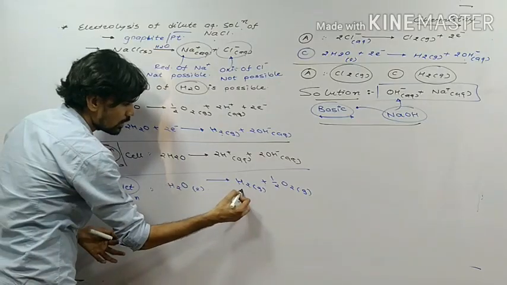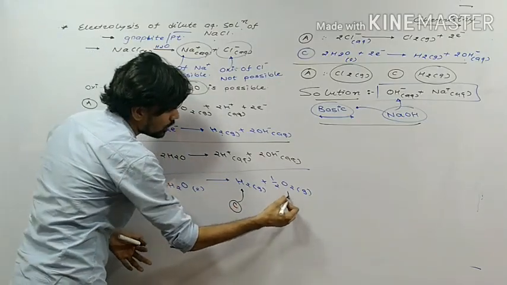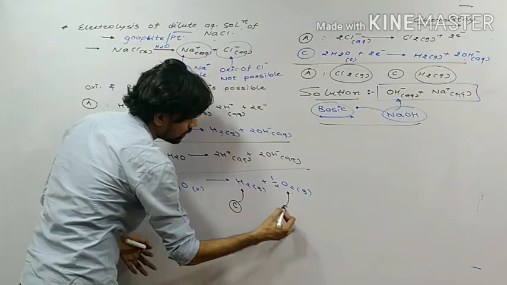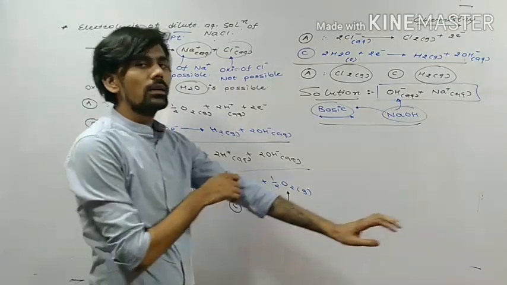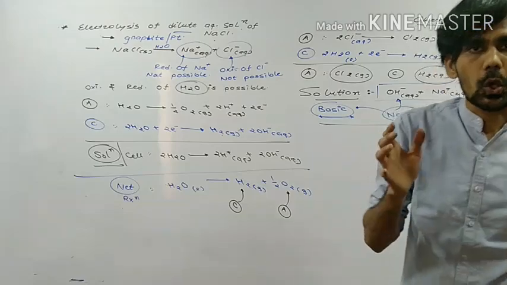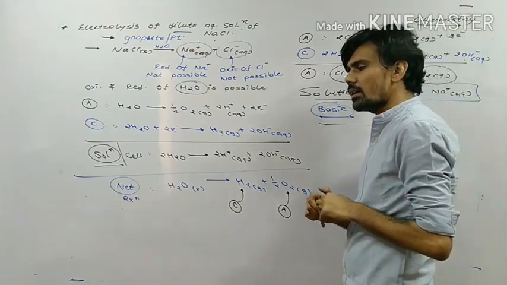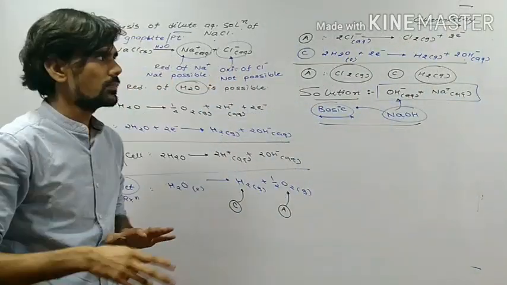H2 gas on cathode, O2 gas on what? Anode. So it is clear that if we change the concentration of the electrolytic solution, the product will change.